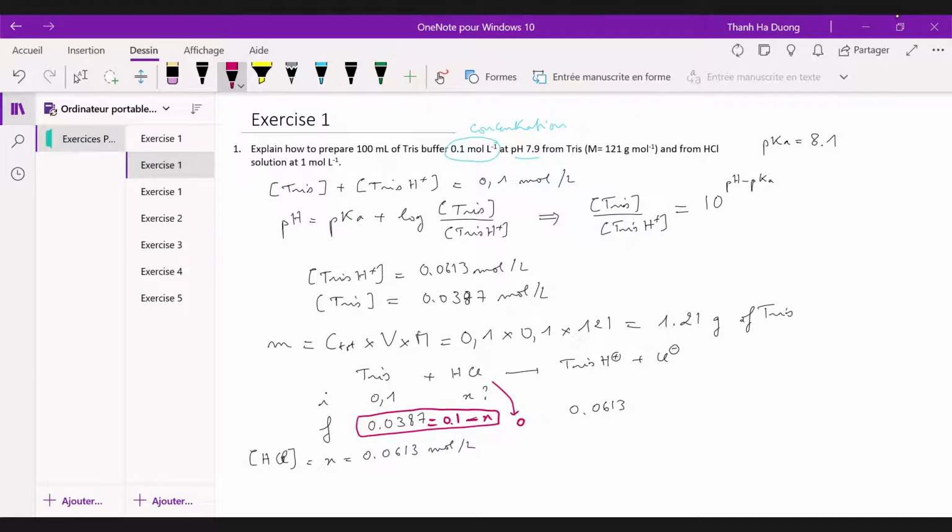And all the acid which reacts with the tris will give the tris H plus. So it would be X here. Is it okay for you?